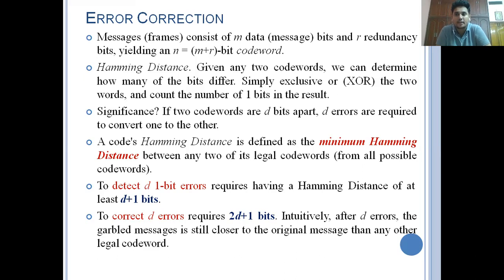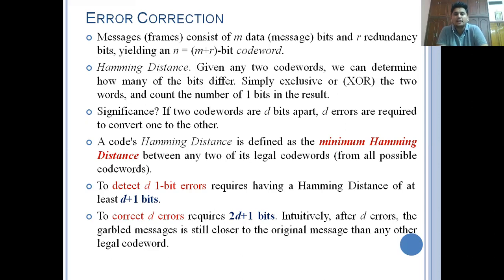That means we are adding some additional bits to the original data to detect the errors. So a frame consists of m original data bits as well as r redundancy bits. So n equals m plus r bits, that is the code word.